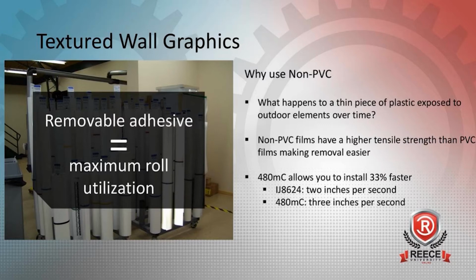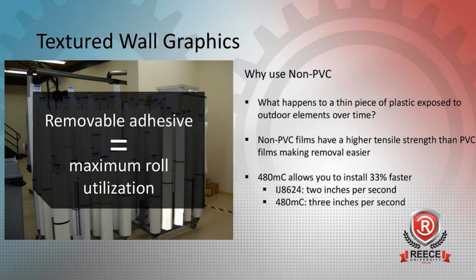So two solutions that we use often in textured wall applications are IJ8624, which does have PVC in it, and 480MC, our PVC-free solution. That is the Green Guard certified product.